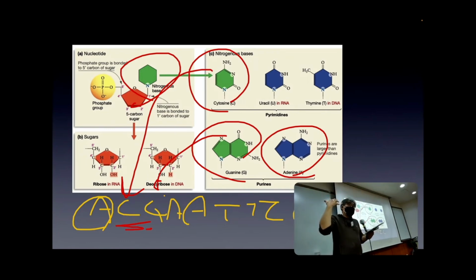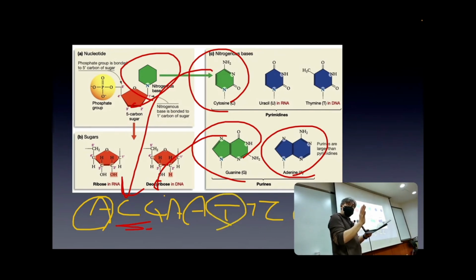And the same thing goes for RNA too. In the case of RNA, the only difference is what? You tell me. Compared with DNA, what is the only difference in RNA? You don't see this T here, and instead of this T, you substitute it with what?